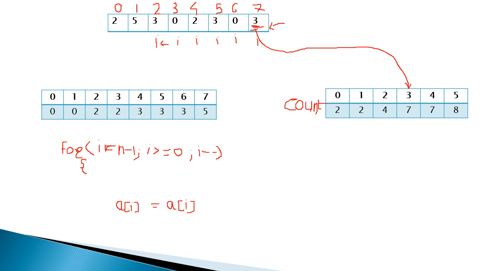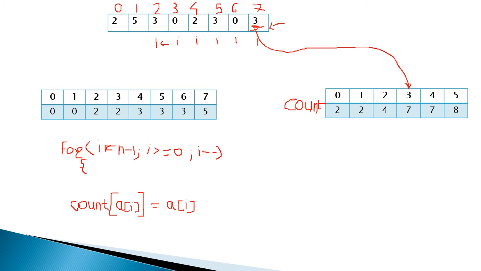Okay, and where do we go? Into the count array. That's why the count array index is 3, na. That's why here we can write down count of A of I. Okay, count of A of I.